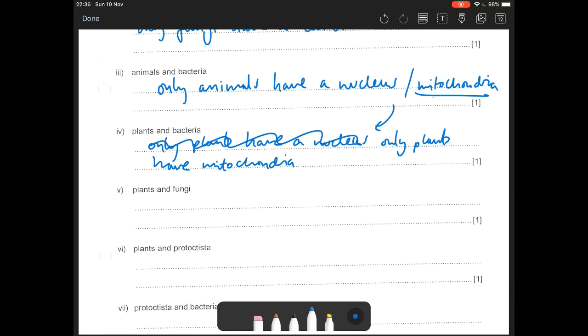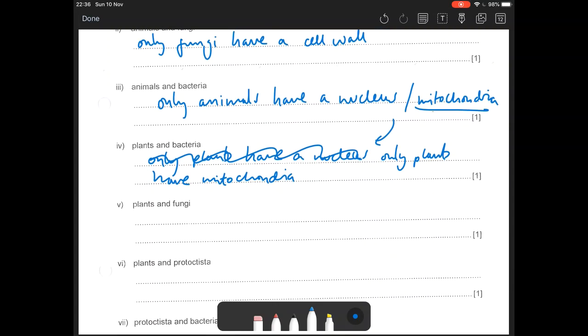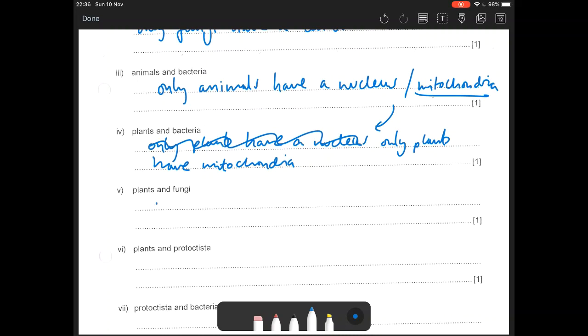Difference between plants and fungi, these are both quite similar. They both have a cell wall, but only plants of these two have chloroplasts.